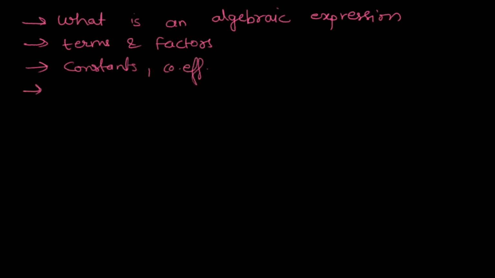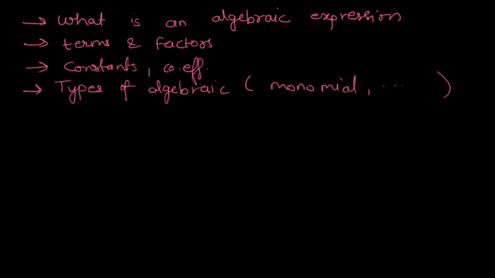And after that, we saw types of algebraic expression, which are monomial, polynomial, and so on. So these are the things covered in this lecture. In the next lecture, we'll see what is the value of an algebraic expression, and the next topic, that is addition, subtraction, multiplication and division of algebraic expressions.